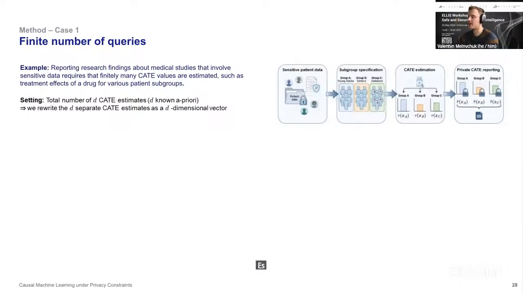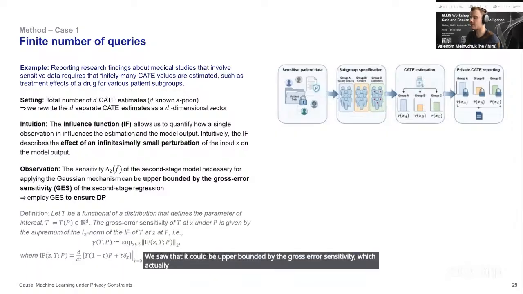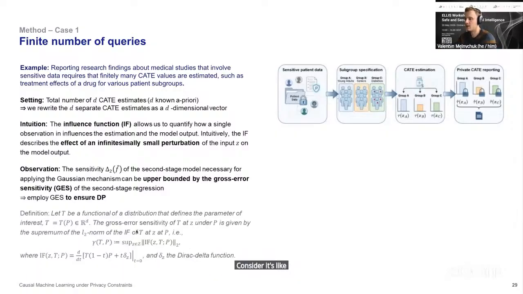In our work, in case one, we came up with a couple of new propositions. For a finite number of queries, we use the nice theory to get the L2 sensitivity. We saw that it could be upper bounded by the gross error sensitivity, which considers an influence function depending on this whole second stage estimation procedure.